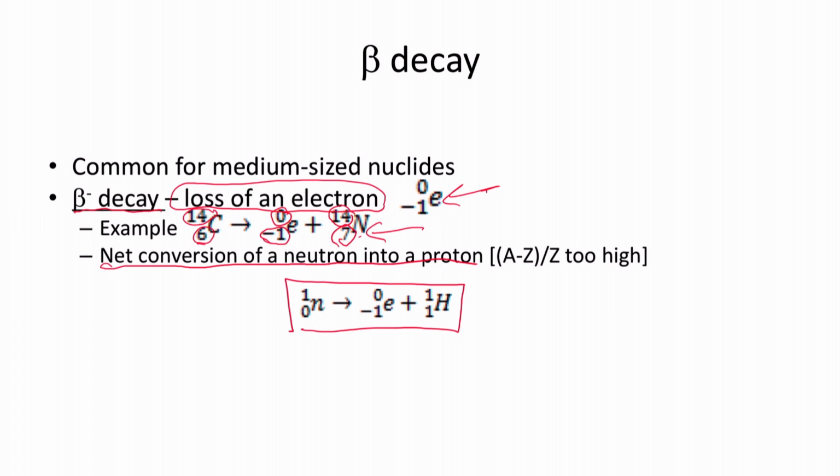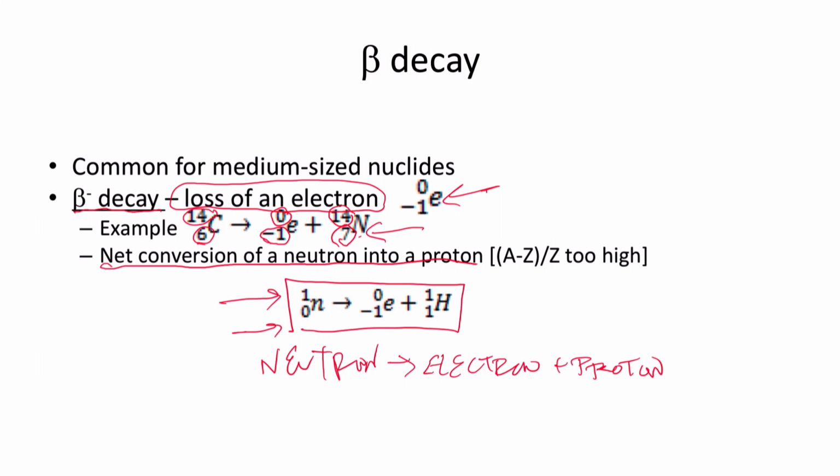The symbol on the left is that of a neutron. It has no charge, neutral, and a mass of 1, and is being converted into an electron, -1, 0, e, and a proton. The symbol for a proton is 1,1 H because this has a charge of 1 and a mass of 1, and of course that's the atomic number for hydrogen. And so we would tend to convert neutrons into protons when the ratio of neutrons to protons is too high. I want to basically get it closer to the 1.2-ish range.